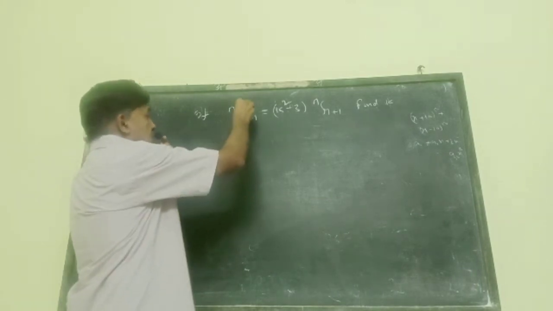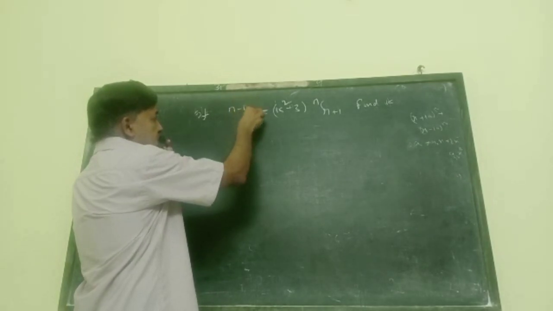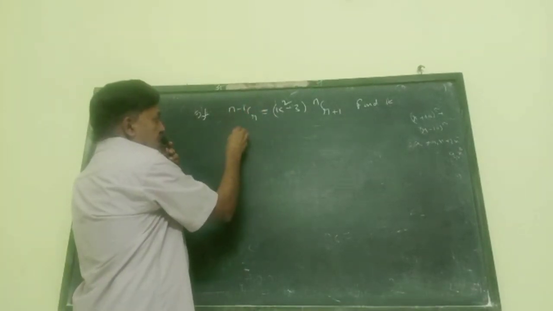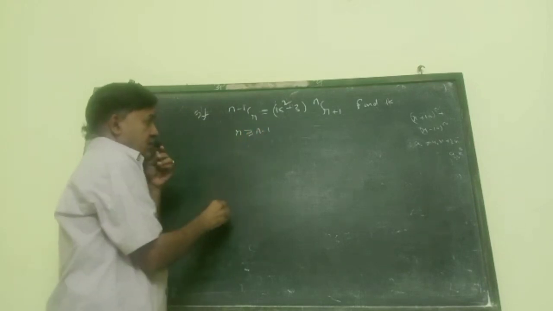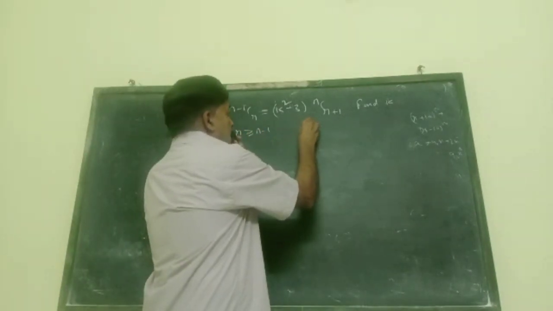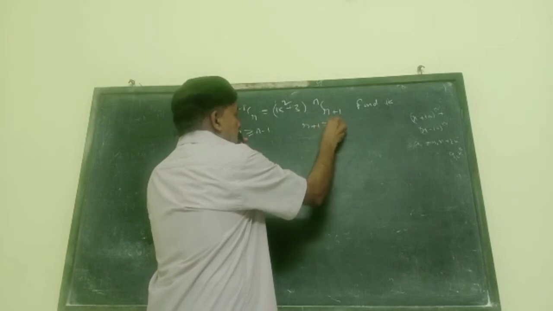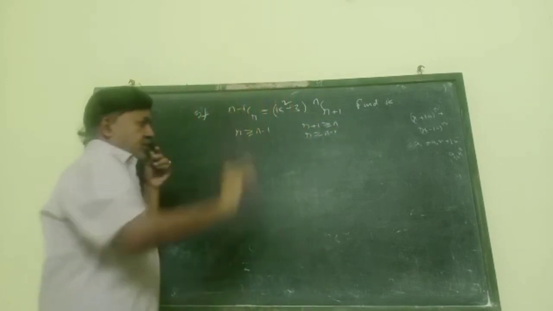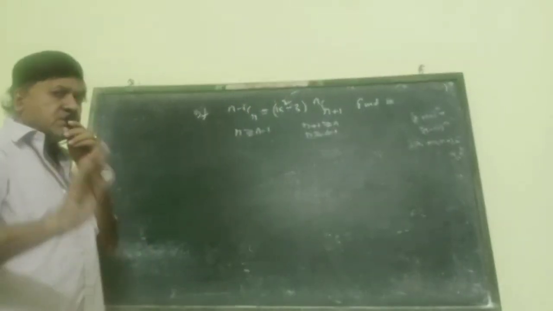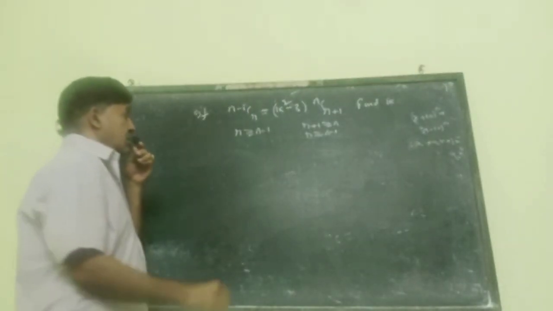Now listen. Here n minus 1 CR will exist when R value is greater than or equal to n minus 1. Here R plus 1 is greater than or equal to n, R is greater than or equal to n minus 1. So no problem. Right? So R must be greater than or equal to n minus 1.